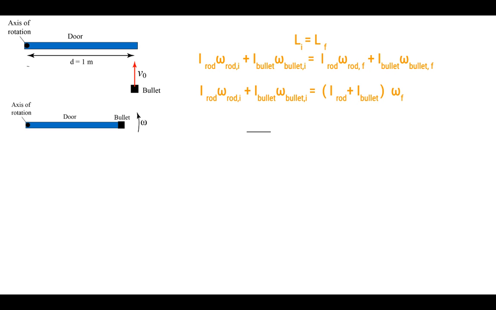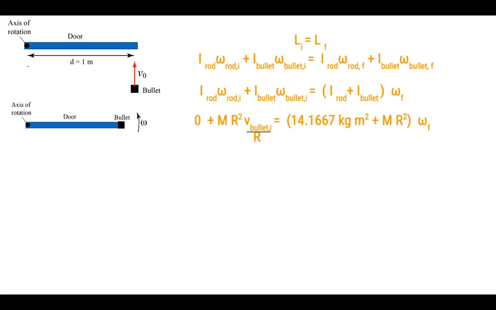So let's plug in what we know. The door initially has no angular momentum. The bullet, however, has angular momentum. I for a bullet is m r squared. We don't know omega of the bullet, but we do know its tangential velocity, so we substitute in v over r for omega.